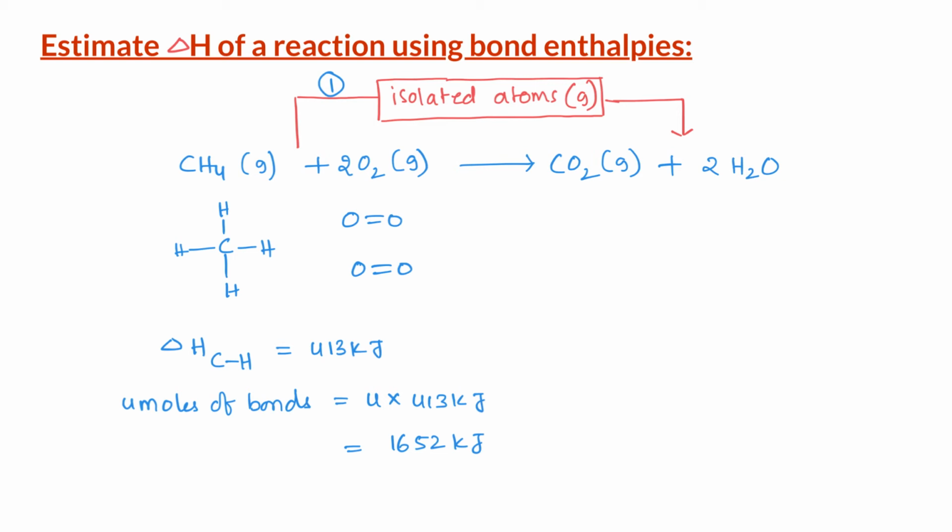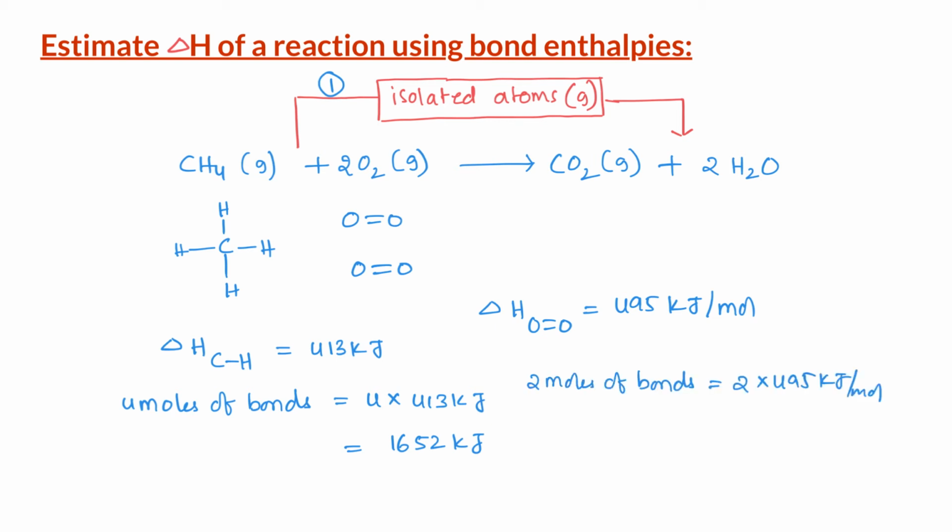Next, the bond enthalpy of oxygen double bond oxygen is 495 kilojoules per 1 mole of double bonds. And we have 2 moles of oxygen-oxygen double bonds to be broken. Therefore, it costs 2 times 495 kilojoules, that is 990 kilojoules of energy.